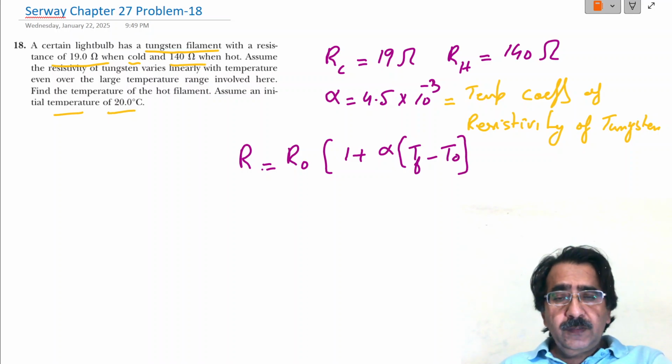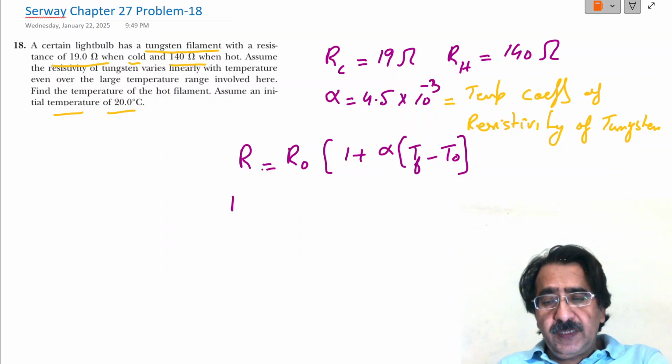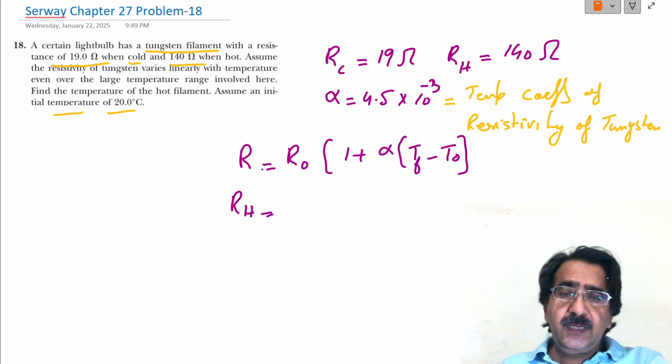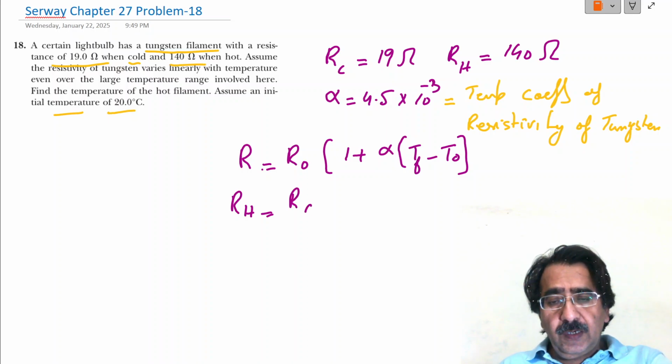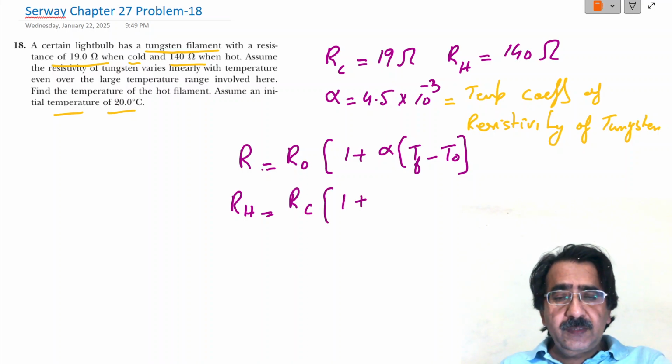Or you may say that R hot, meaning the final temperature, equals R cold times 1 plus alpha times T hot minus T cold.